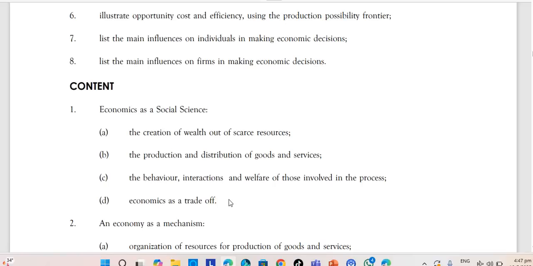Now, economics is a social science that studies how individuals, businesses, governments, and societies make choices about how to use scarce resources to produce, distribute, and consume goods and services. Now, what are the key aspects of economics? And this is how we're going to look at economics as a social science.